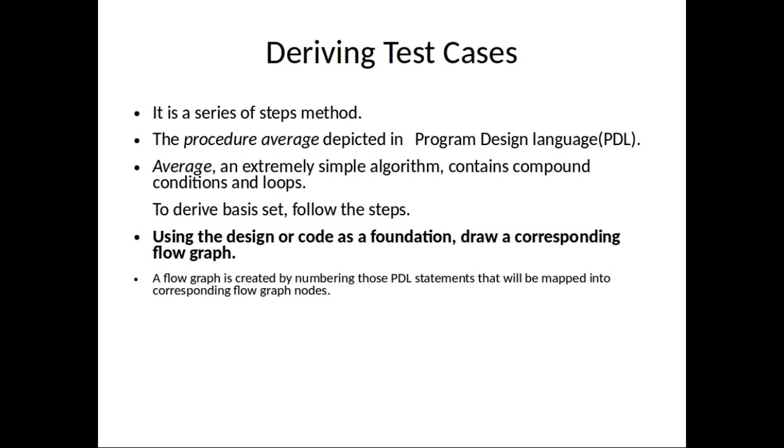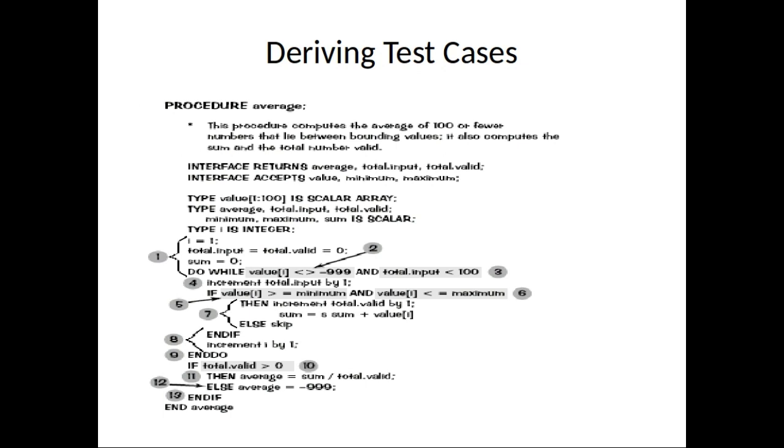The procedure called average, which is described through the set of PDL statements as shown here, can be used as an example to illustrate each step in the test case design method. Note that average, although an extremely simple program, contains compound conditions and loops.